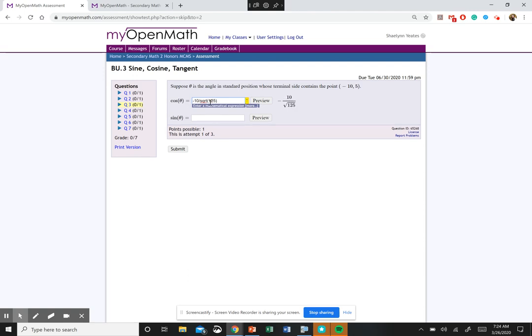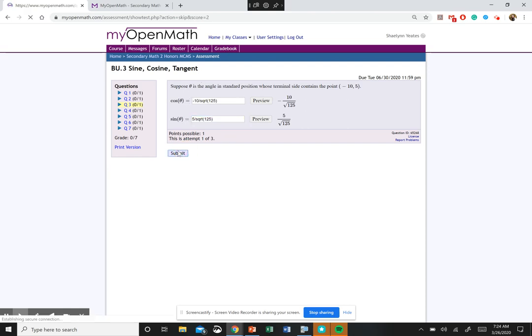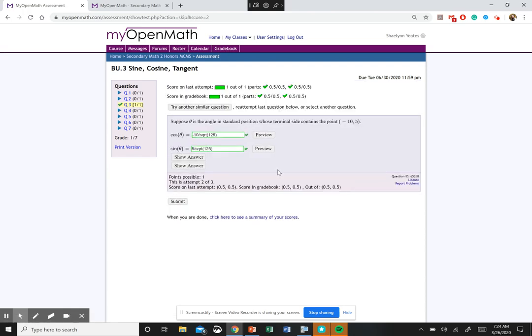And then sine would be 5 over the square root of 125. Technically, both of these reduce pretty nicely, but I'm wondering if it'll be happy with this. And it likes that just fine. Okay, cool. So we didn't have to reduce. Okay, does that help at all? I'm hoping that helped you with those 2 questions, breaking it down.